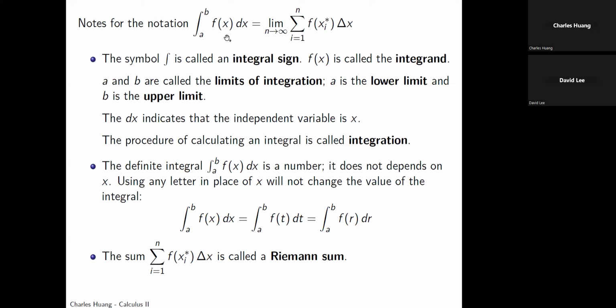You'll see these phrases being used in the textbook a lot. A and B are called the limits of the integration. This tells you where we begin and where we end when we draw our area. A is the lower limit, B is the upper limit.